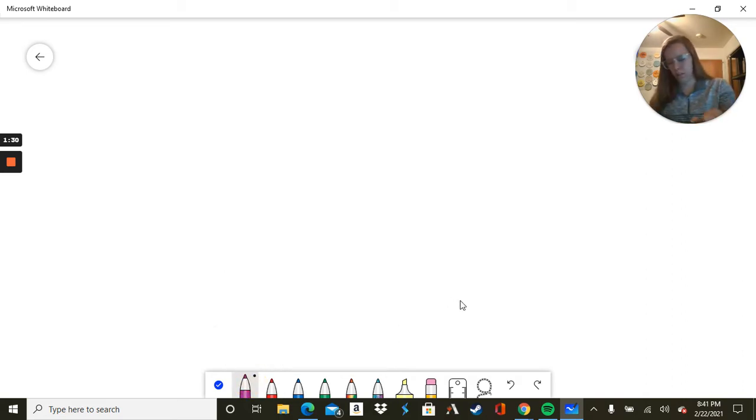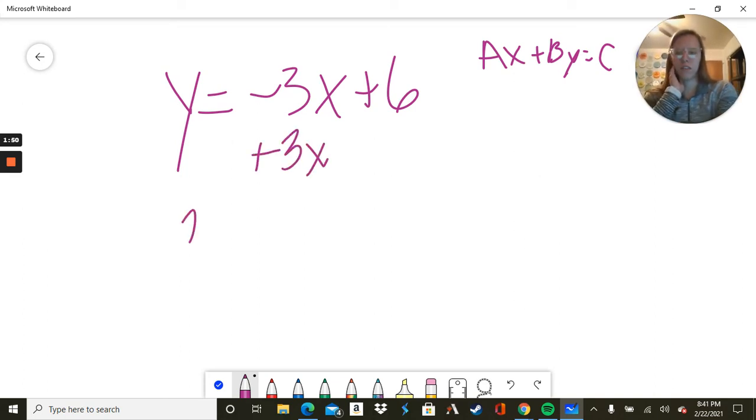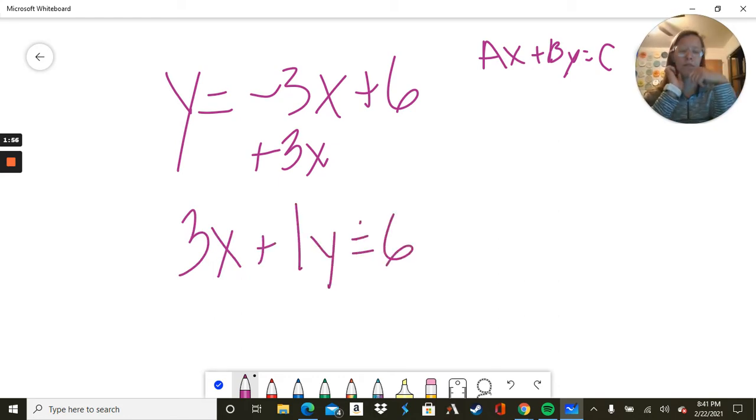So rewriting y equals negative 3x plus 6 in standard form, which is ax plus by equals c. Right? So we're going to add 3x. So 3x plus a pretend 1y equals 6. So that's in standard form, okay?